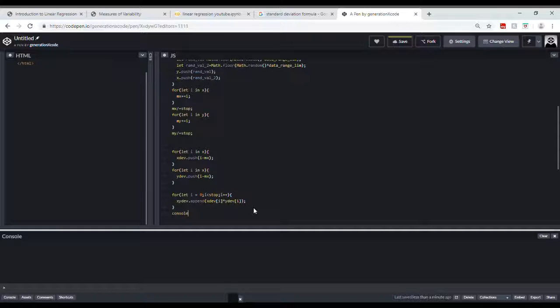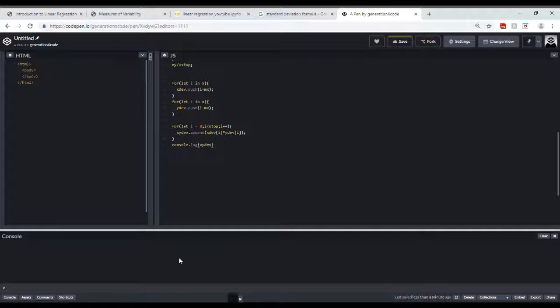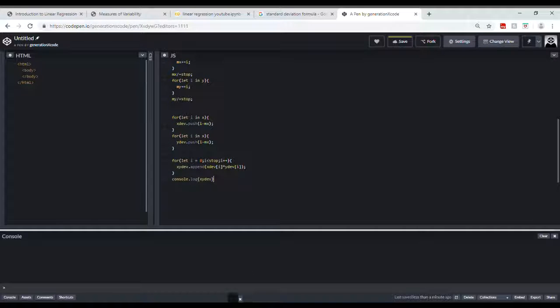I really don't like these kind of for statements. I like these kind of for statements. Console.log xy dev. Come on, save.